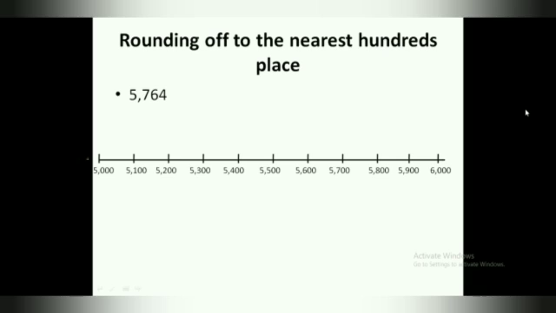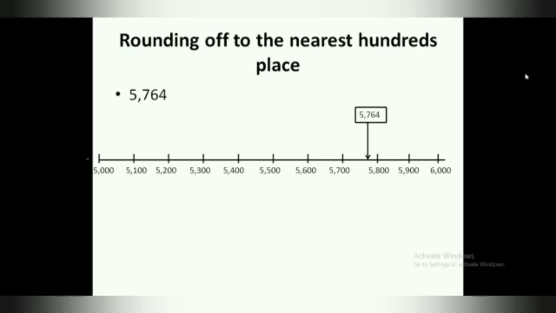So you will move on 5100, 5200, 5300, and so on till 6000. So then you are going to mark the number 5764. So 764 will come between 5700 and 5800. Now you can see the arrow mark with the number 5764.